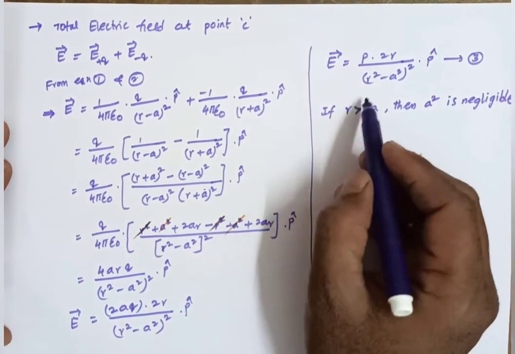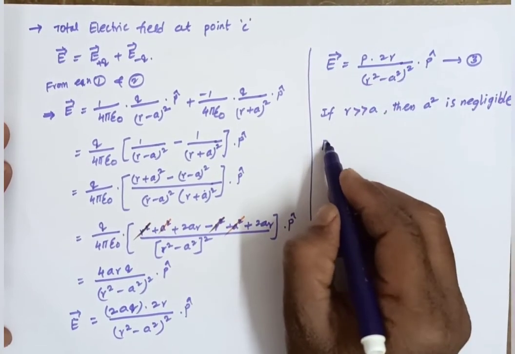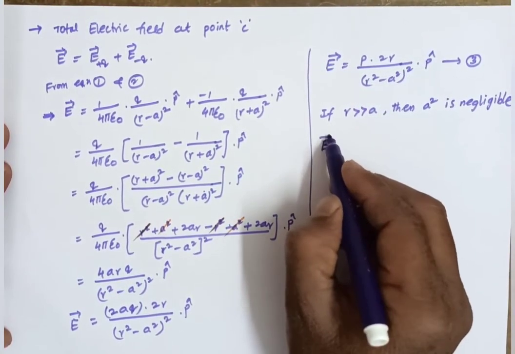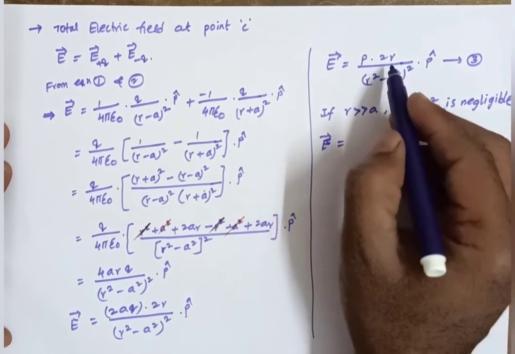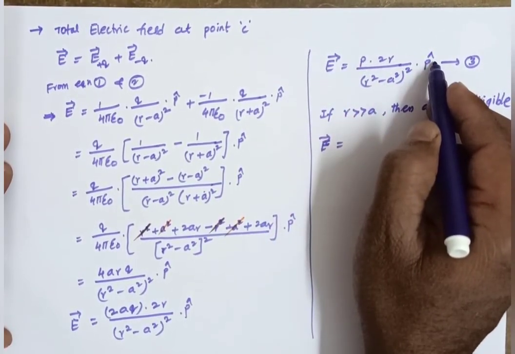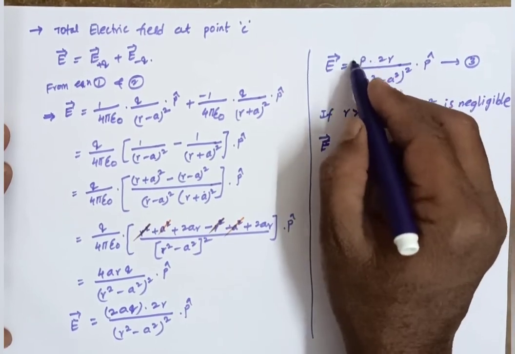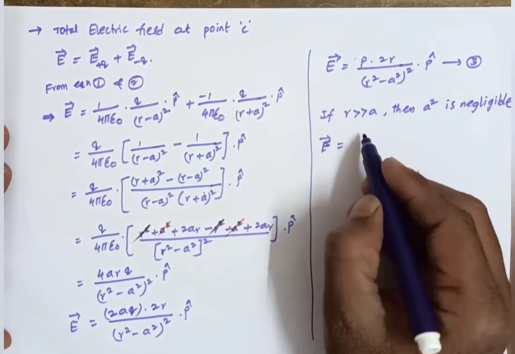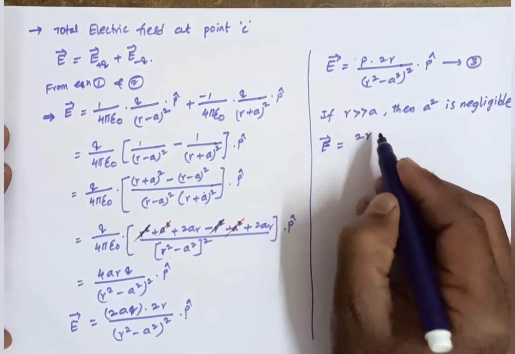Then E bar equals P into P cap, where P is the magnitude and P cap the unit vector, equals P bar.